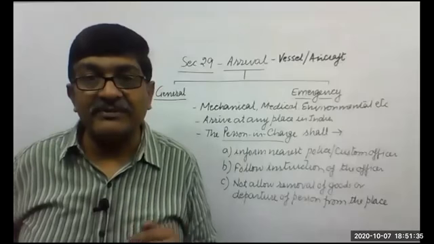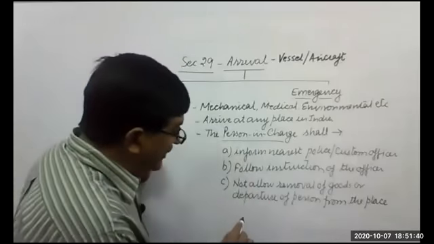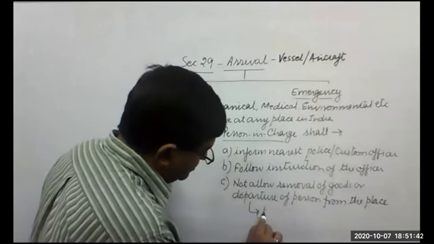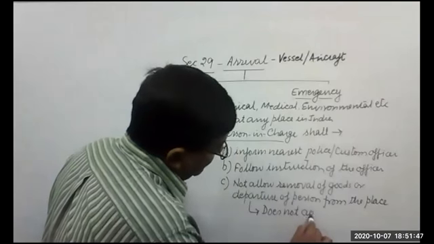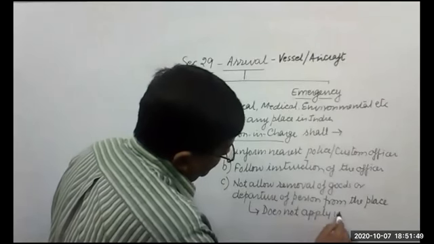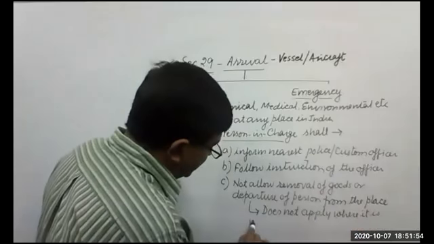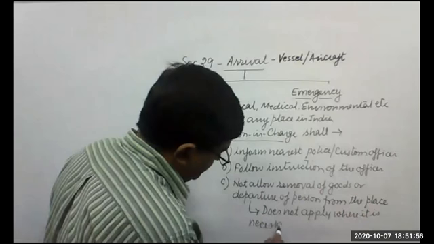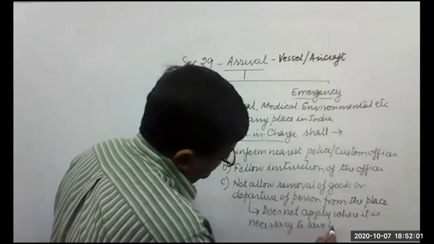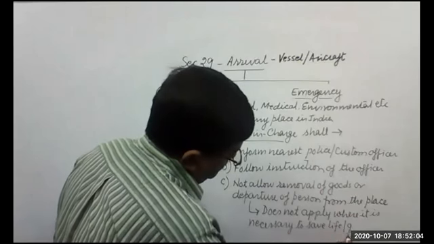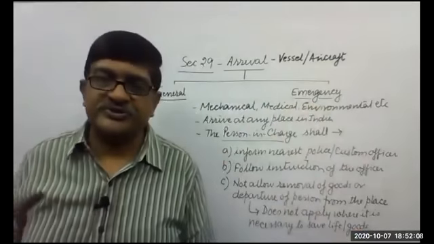But what if it is a medical emergency? So, an exception also, there is an exception. Particularly clause C doesn't apply where it is necessary to save life or goods.